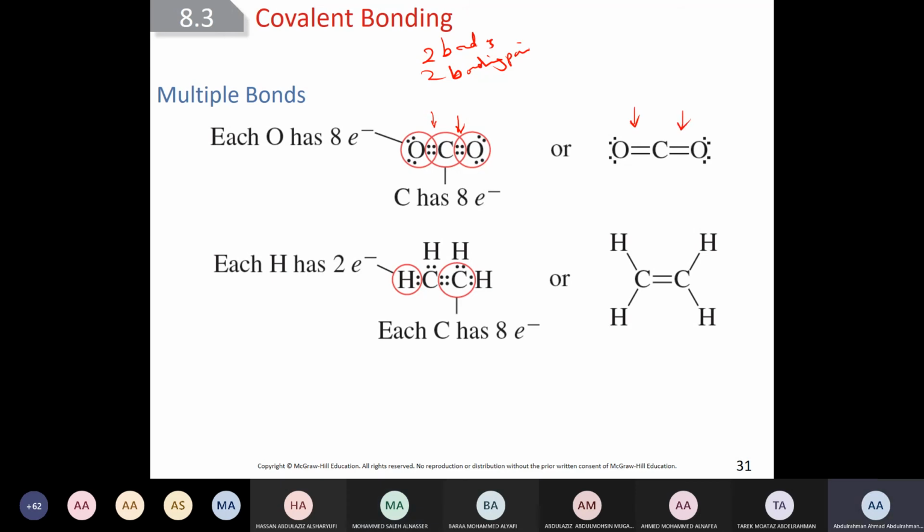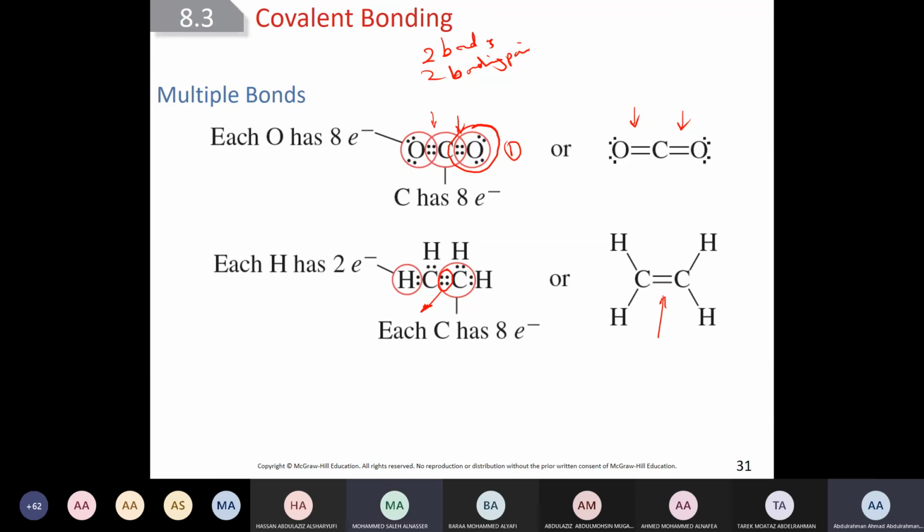Now, how many bonds between this carbon and this carbon? Two. How many bonding pairs? 2. And now, how many electrons around this oxygen? 8, which is happy.